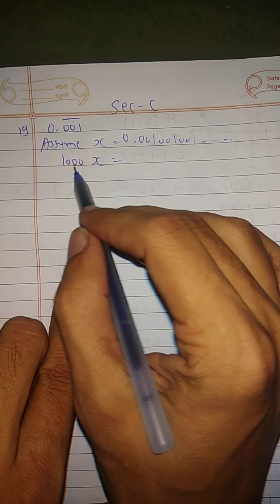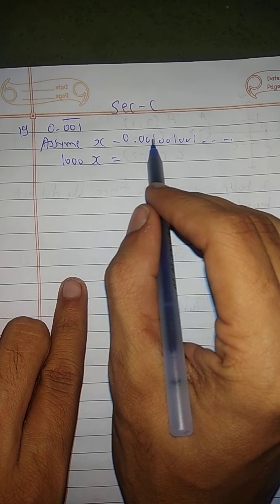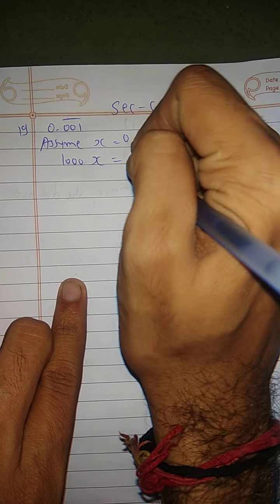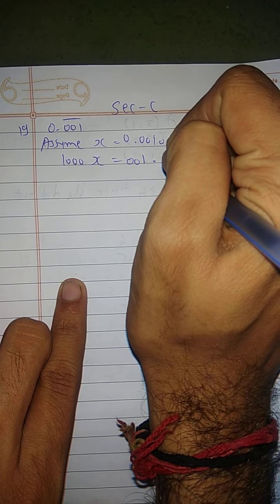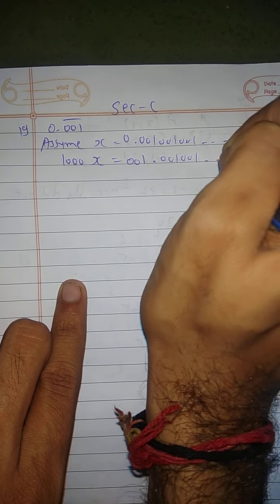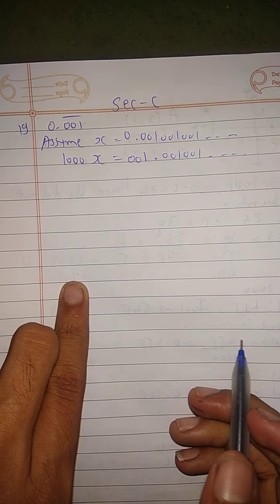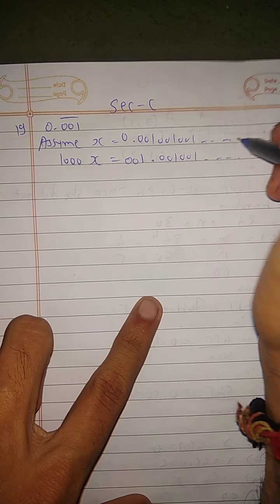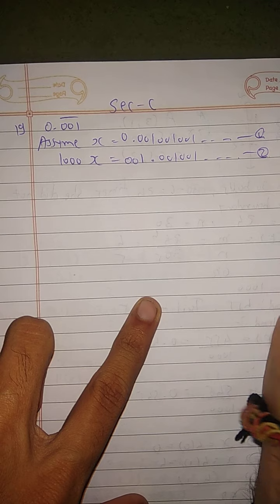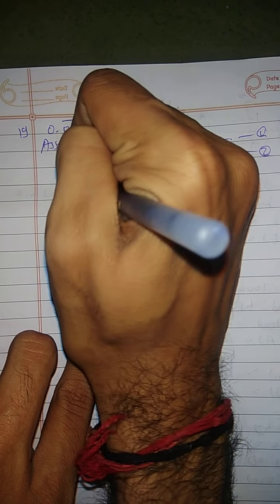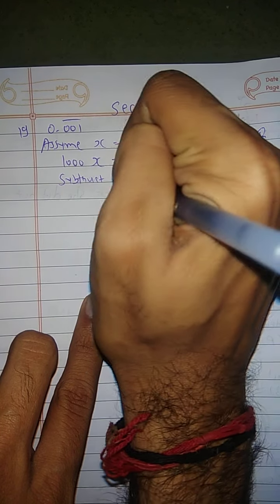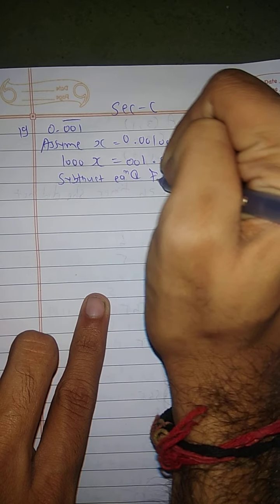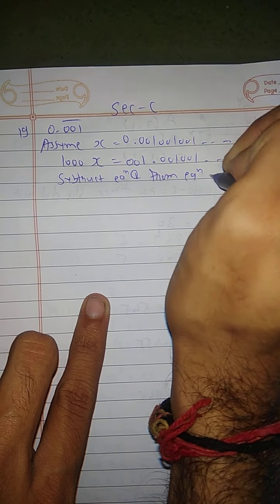If we multiply with 1000 on both sides, then these 3 digits come forward. That means 001.001001 continuously. Now this is our equation 1 and this is our equation 2. Subtract equation 1 from equation 2.